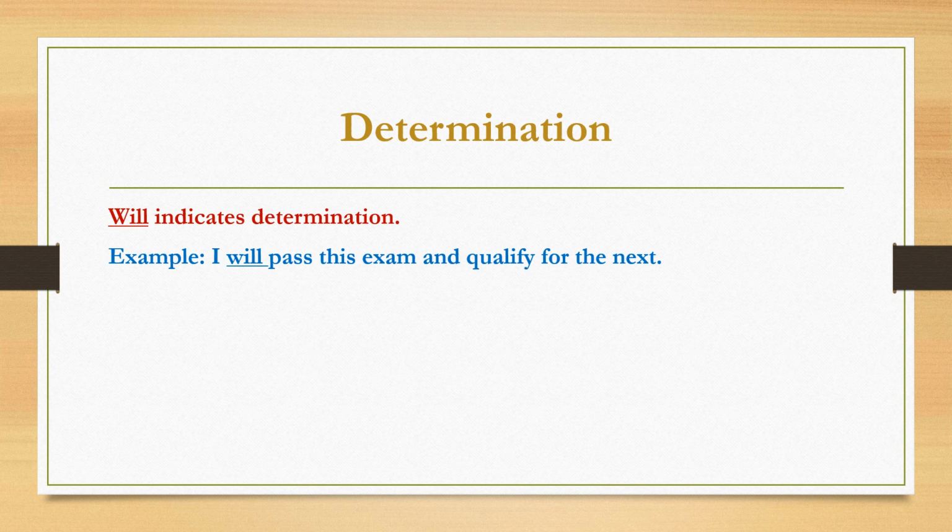Determination. Will indicates determination. Example, I will pass this exam and qualify for the next. So here I am showing my willpower and determination for passing an exam and qualifying for the next.